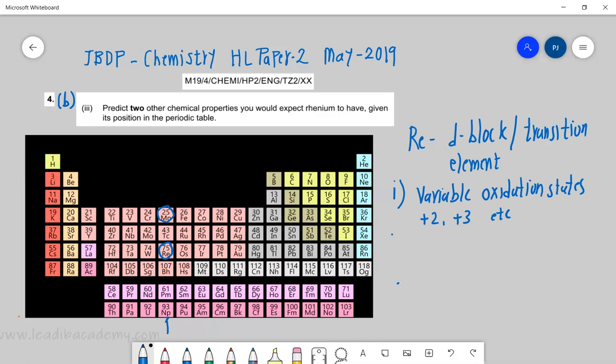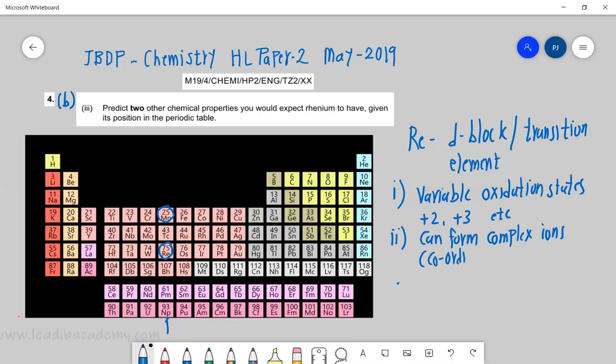Then the second property: it can form complex ions. We have seen that in complex ions. That means these are coordinate compounds.